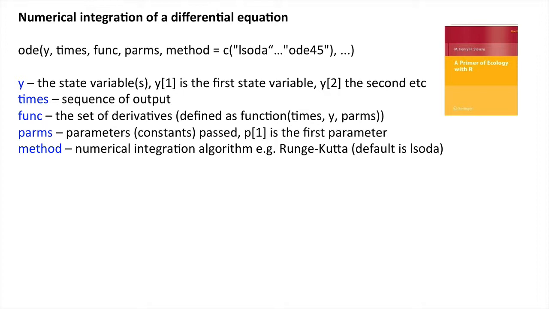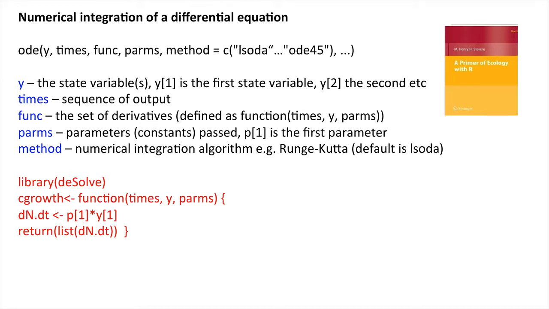So let's see this in action, because it's probably better to view ode in action so we actually see what it's about. You'll get a clearer idea once we start to play with different models. The first thing I'm going to do is to call up the library deSolve, because this gives us access to that function ode. Now here is our function that we are going to define.